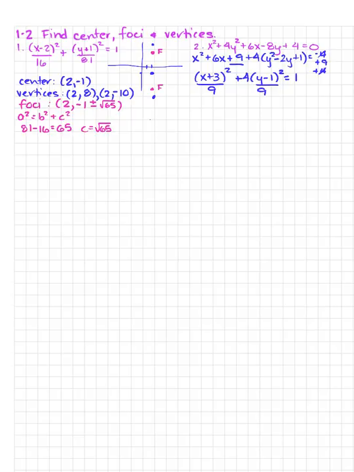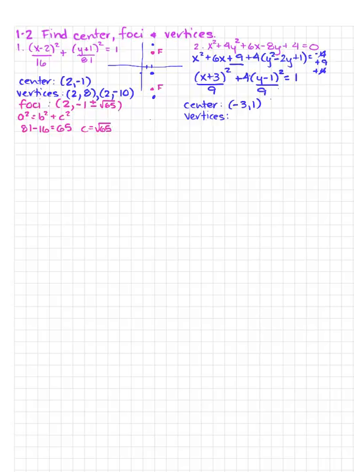So that means I have a center of -3, 1, and then I'm going to have vertices. So let's see. This really is 9/4 if I were to bring the 9 back down.